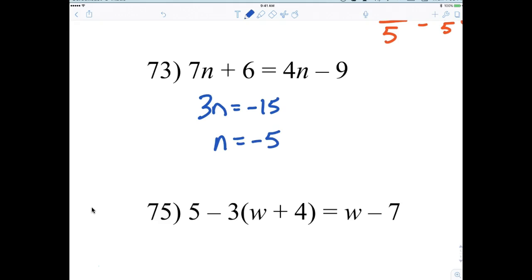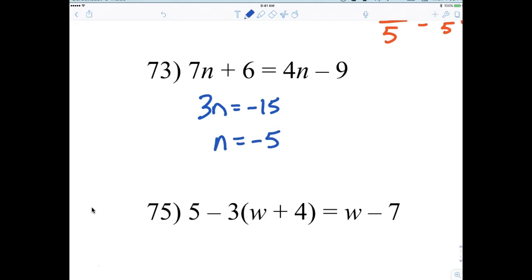Yes, ma'am. That's okay. We're practicing. The other side, doesn't it go the opposite? Yes. So 7n minus 4n is, and then negative 9 minus 6. I want you to ask me. I'm trying to train your brain. You're moving something, you change the sign. That's what I want out of you.